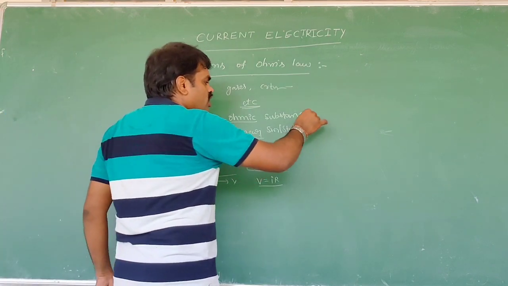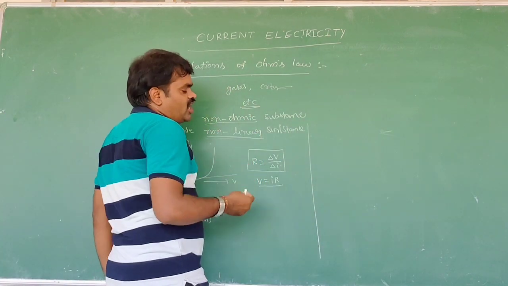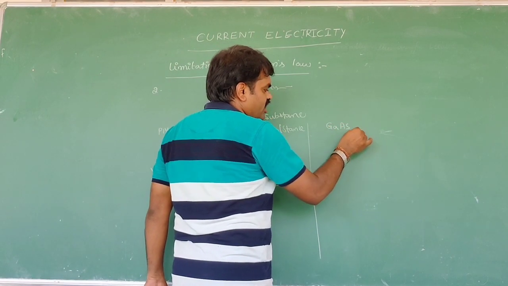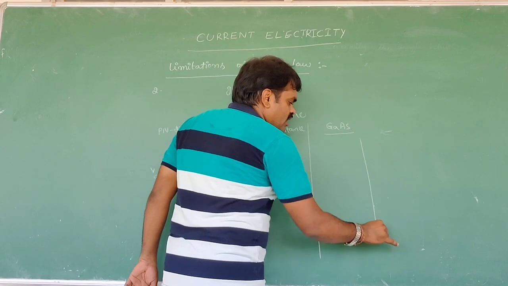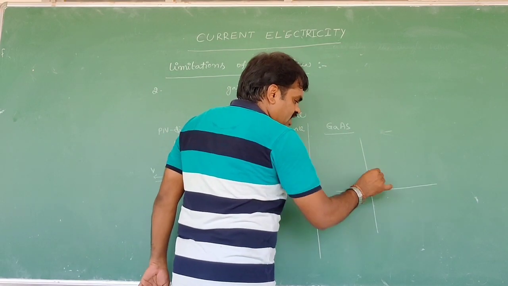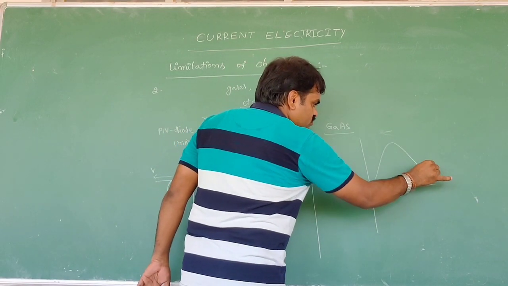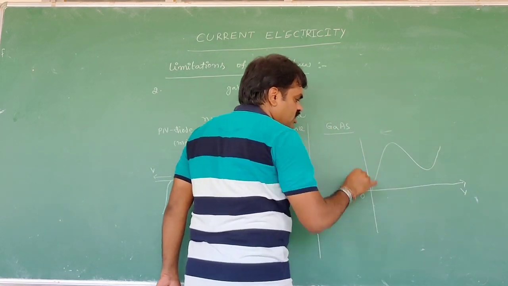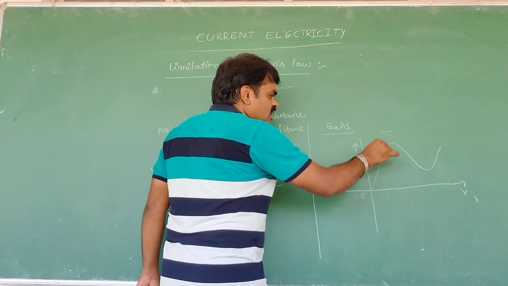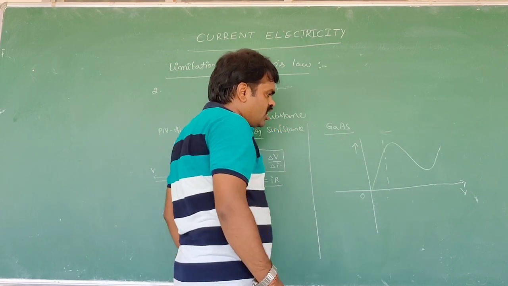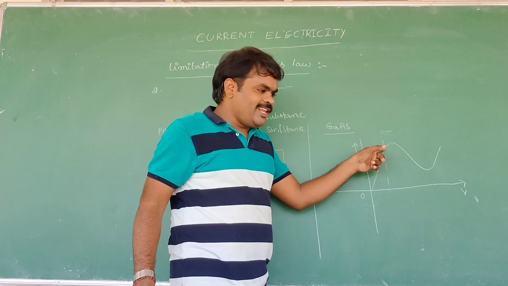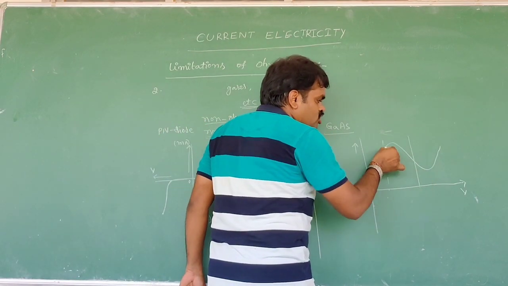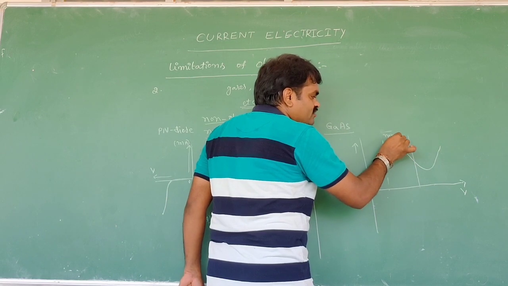We can see a different graph for gallium arsenide. Here the potential and current are shown. In this graph it obeys linear, and in this it obeys non-linear.